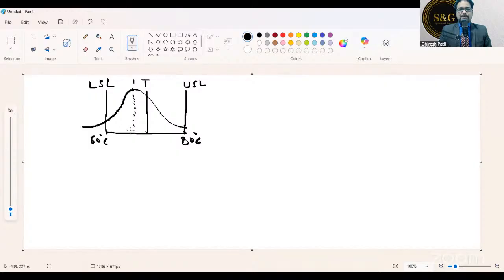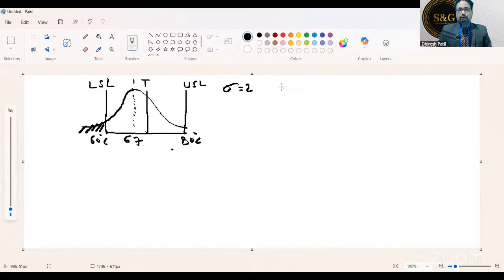Let's imagine my mean is around 68, for example. Let me put 67. Now the mean has shifted to the lower side, so I am making more defects on this side because the process has shifted. And sigma is 2.